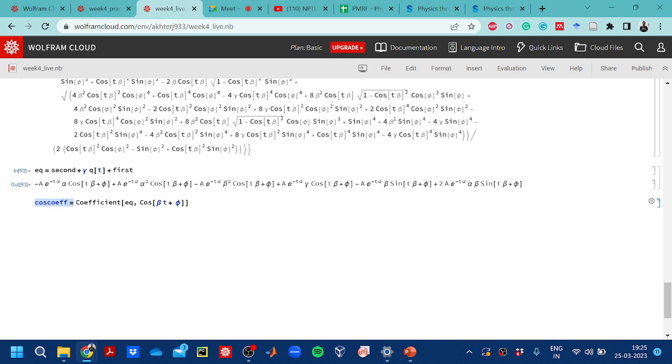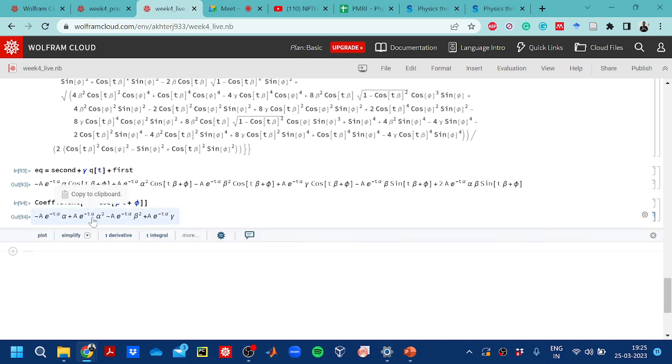From the equation we want to collect the coefficient corresponding to this cosine(beta t plus phi). If we run that, it will give us the coefficient of cosine, and we can see that this exponential term is present everywhere.